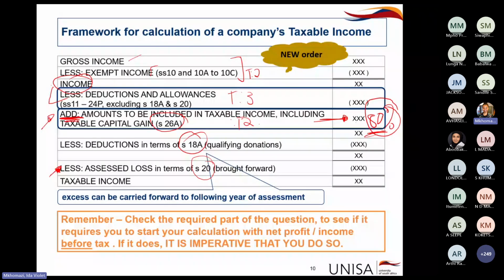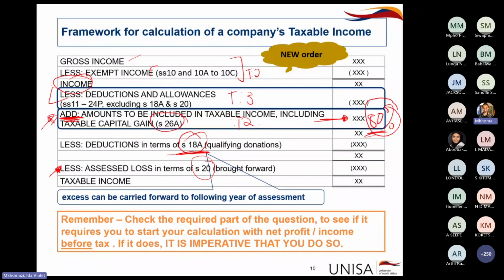Okay. So coming to the tax framework calculation, as I said, the third last item is your CGT. Then we have the second last item, which is the deductions in terms of Section 18A.